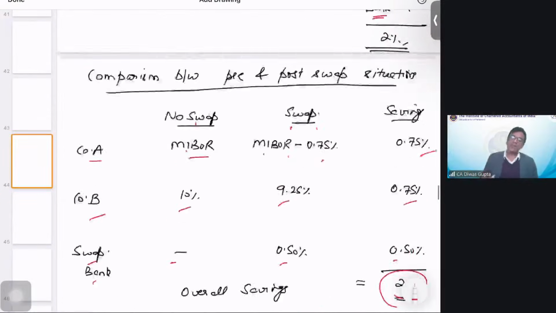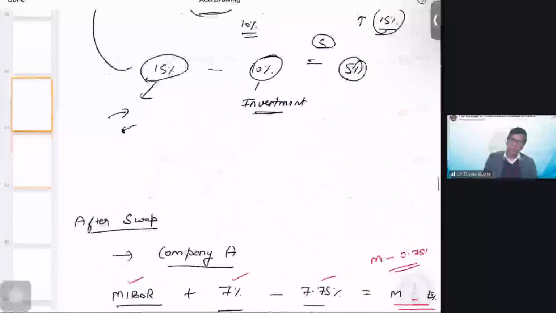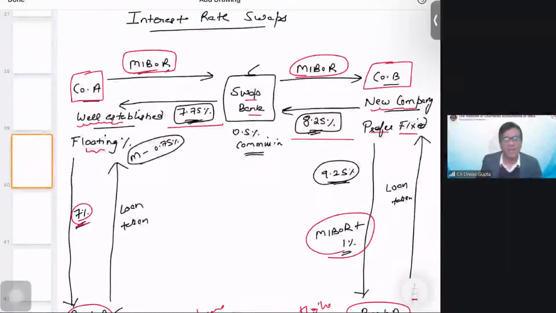Right now, for example, in this situation itself, Lavanya, just to clarify, had both company A and company B been very established companies, the quote that the bank would have given to the respective companies would have been very similar, and hence there would not have been any higher value in deriving the swap. So it will depend on the characteristic, or let's say the financial hygiene, of both company A and company B, and hence what they're getting in terms of their respective quotations.